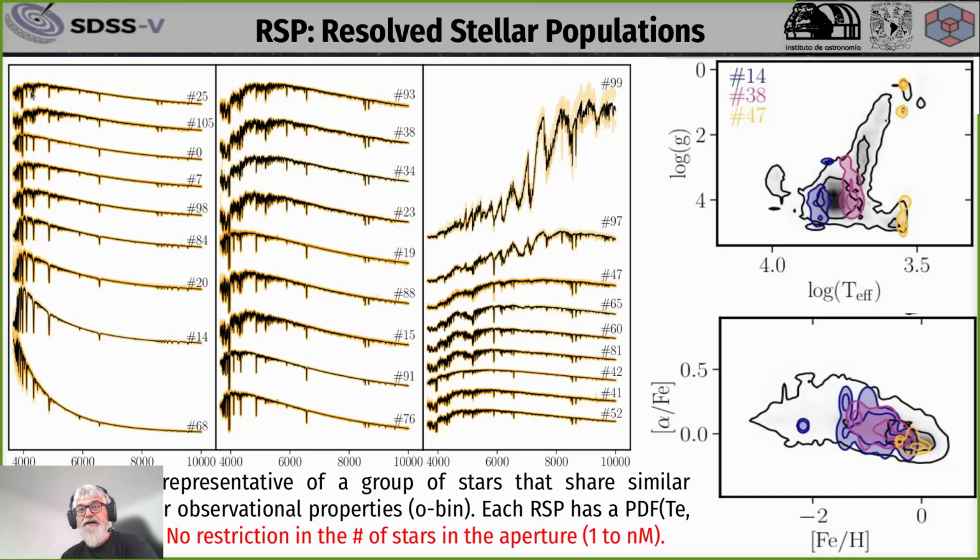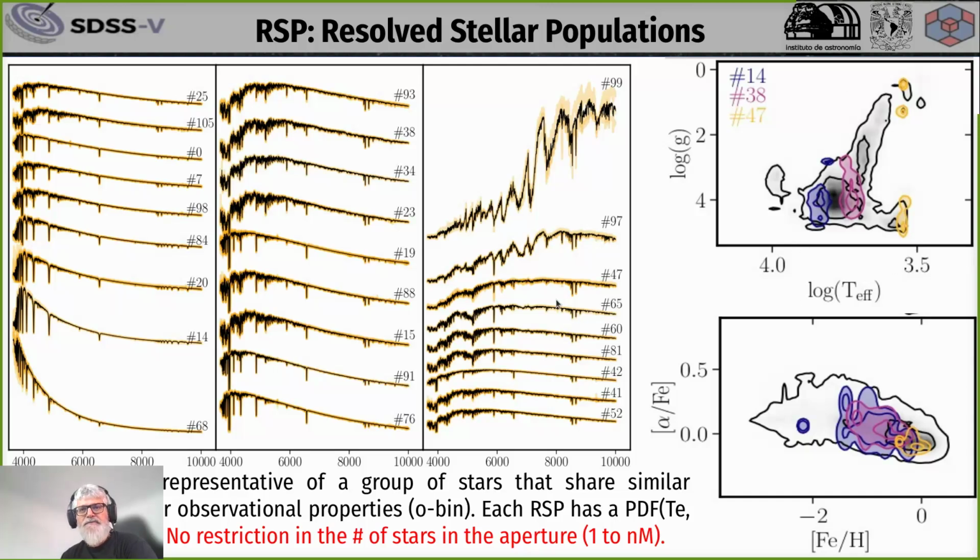As you can see, in some of them there is very little difference between the average and the full distribution. In other cases, there is a wide range of observational parameters. This is propagated in the error somehow. And just to show you an example of how the PDF looks in the physical parameter space, this is for 3 of the stars shown here.